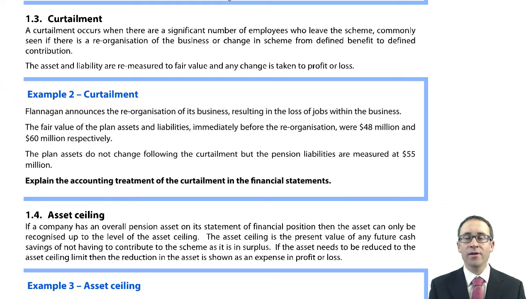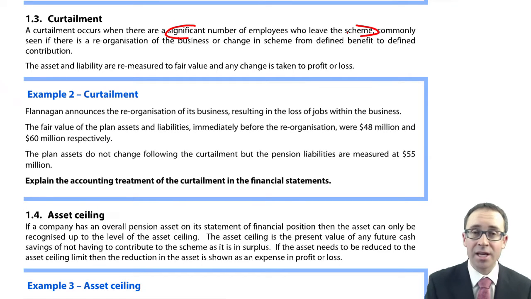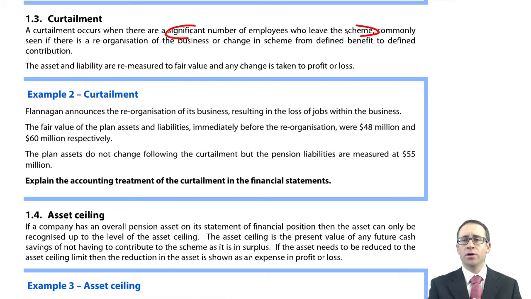So the first one that we have there is a curtailment. Now, a curtailment arises by definition where there is a significant number of employees who leave the scheme. One situation could be that your company is operating a defined benefit scheme and it's too expensive for the company to run, so they move it on to the less risky, cheaper defined contribution scheme. If that's the case, there is a big change in the numbers of people on the defined benefit scheme.